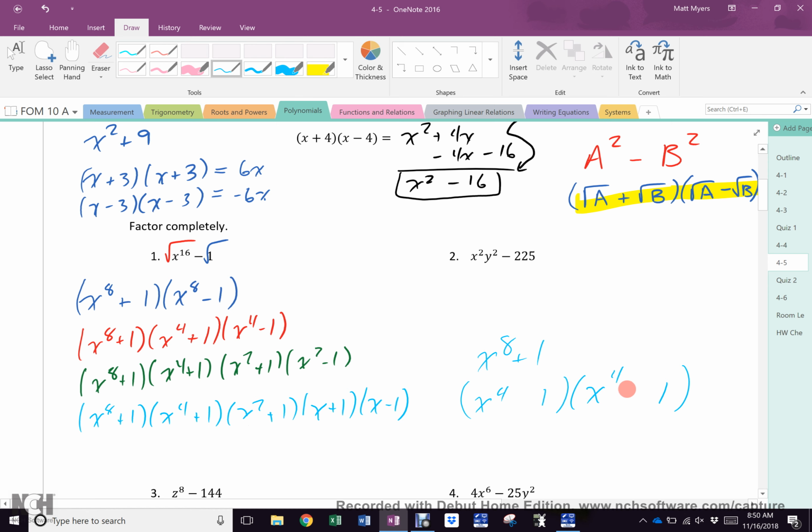X to the 4th, if that's positive, x to the 4th times 1 is x to the 4th, correct? And then I would have another x to the 4th, which would mean I would have 2x to the 4th, wouldn't I? And I'm not allowed to because I don't have a middle term here. Cool? That's why positives don't work.